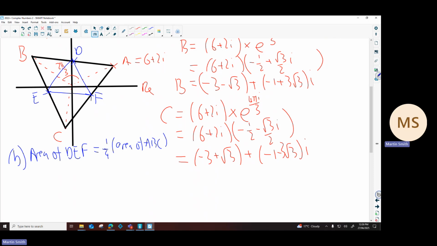How can I work out triangle ABC? Well, you could, and it's not that hard, work out the lengths of the sides. You could know the angles in the corners. You could use a half ab sine C or whatever. But in fact, this is what I am going to do. I'm going to split this big triangle into 3 isosceles triangles, because it's quite easy to work out the length of the sides of those.